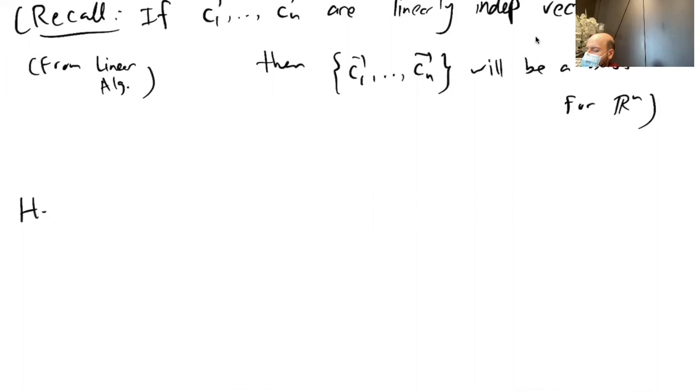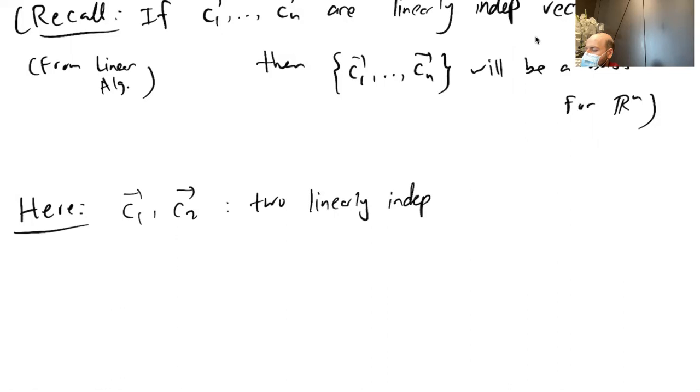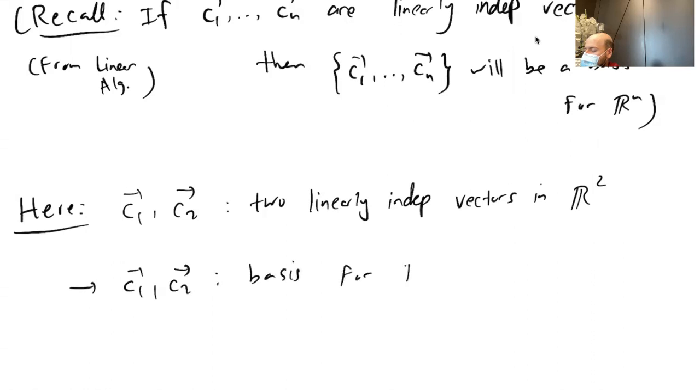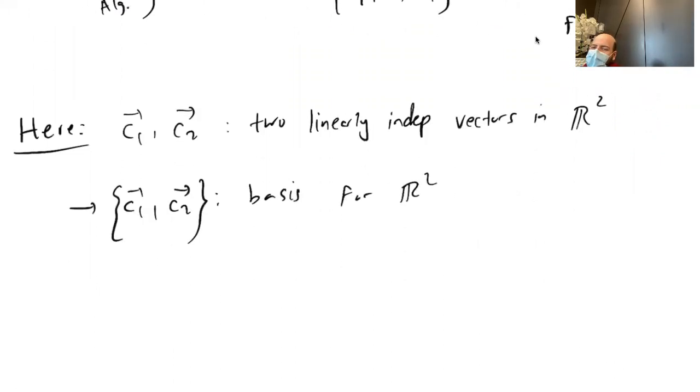So here C1 and C2, two linearly independent vectors in R2, so that means C1 and C2 are a basis for R2. If this is a basis for R2, what does that mean? That means any element in R2 like X can be written as a linear combination of C1 and C2.